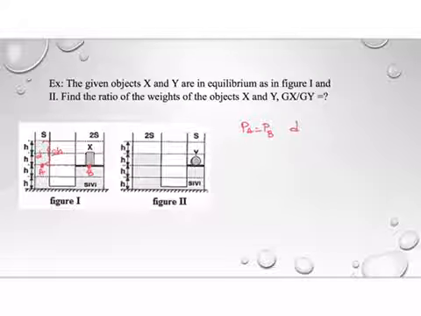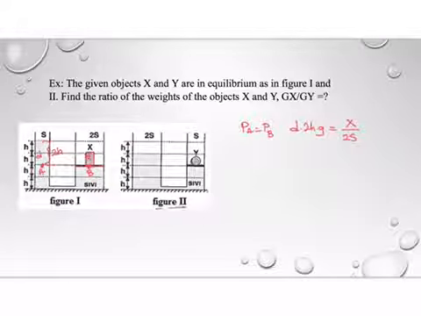So D times 2H times G is equal to the pressure at B applied by the solid object X, so force over area, which is equal to X over 2S.